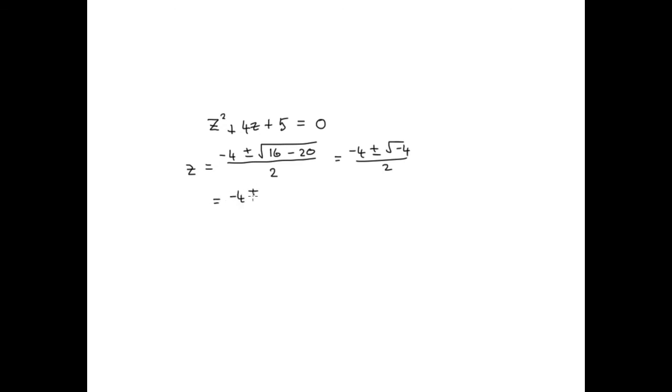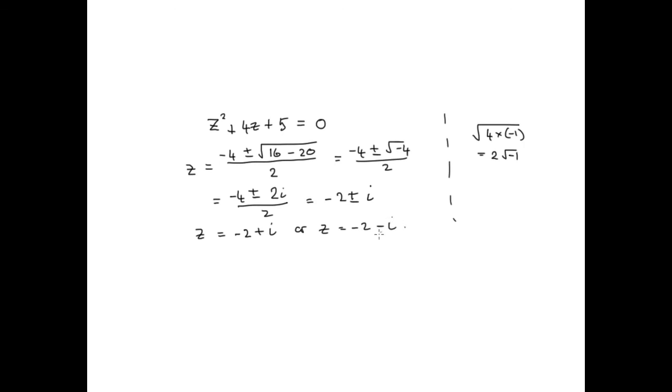And we can write the square root of negative 4 by splitting into factors and taking the square root of each part. So we would get 2 times i. So it's plus or minus 2i, and that divided by 2. So the final two solutions are negative 2 plus or minus i. So let's just write that out. z is negative 2 plus i, or z is negative 2 minus i.